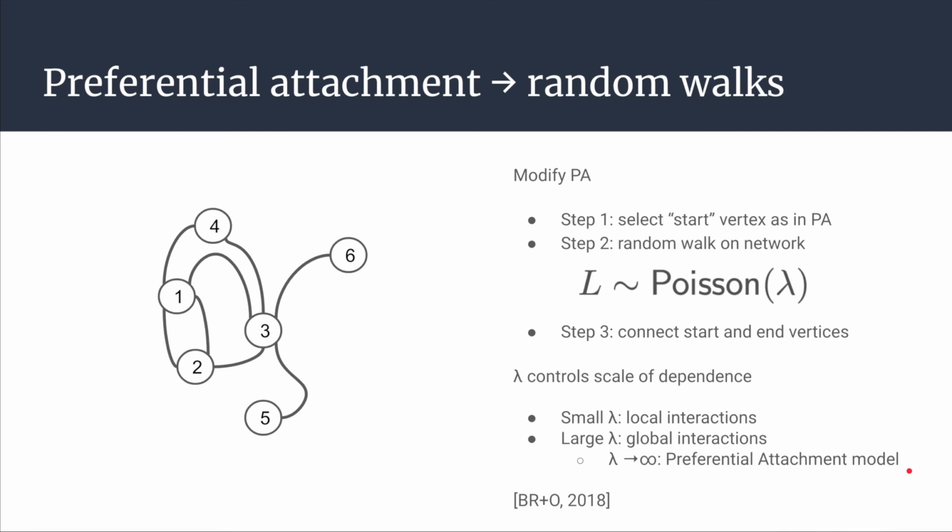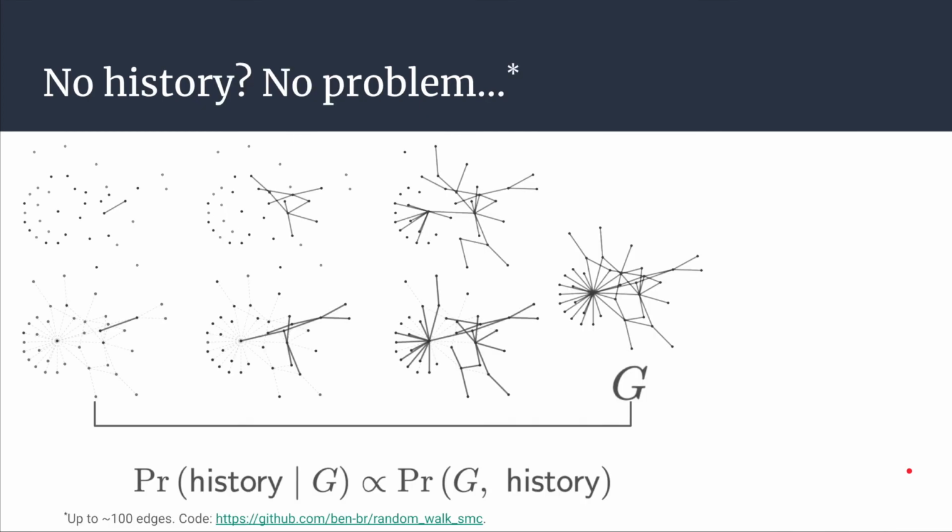Okay, so the random walk model is more flexible, and it's a higher fidelity model than preferential attachment, and so it should be better for modeling different types of data. However, we lose a lot of the nice probabilistic properties that make inference algorithms for preferential attachment work so well.